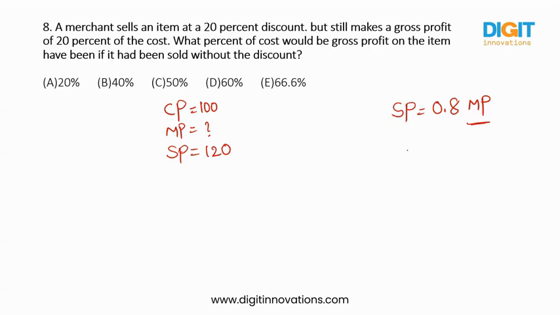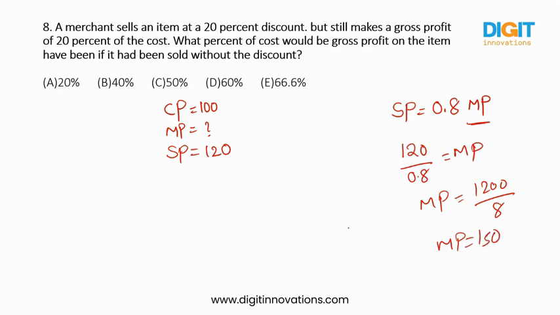So the selling price, you already know, is 120 and 0.8 by market price. So market price equals 1200 by 8. So market price would be 150. So you have to make the market price 150. So even after giving a 20% discount, you will get a profit of 20.